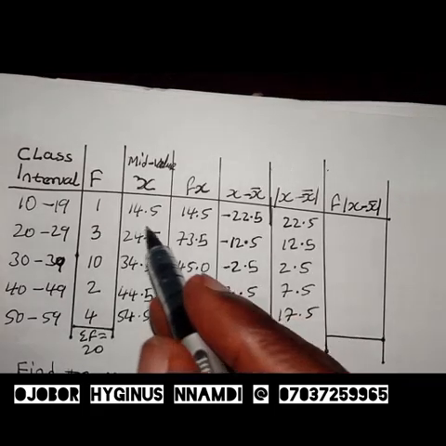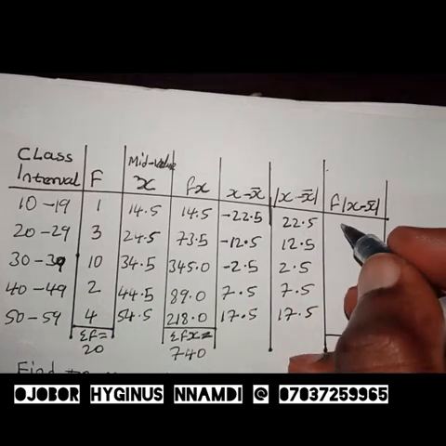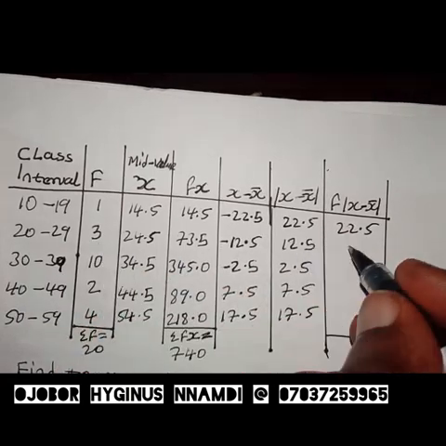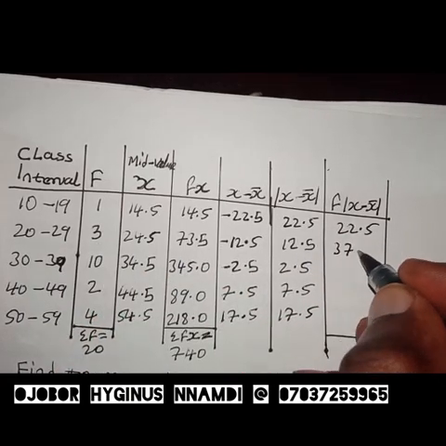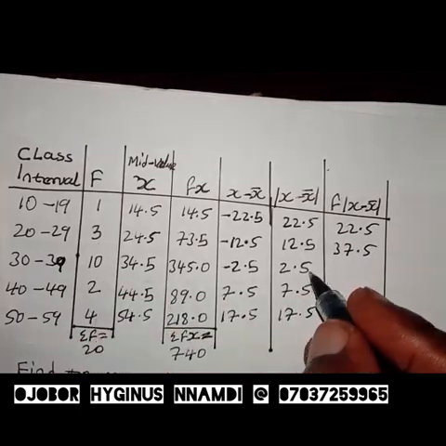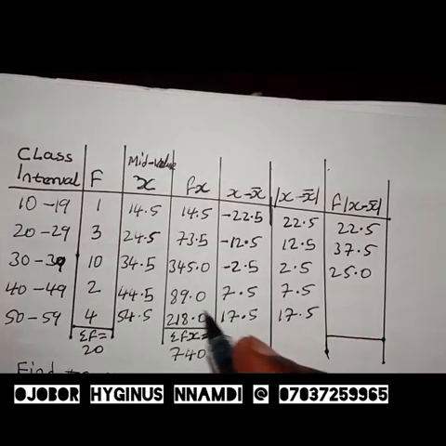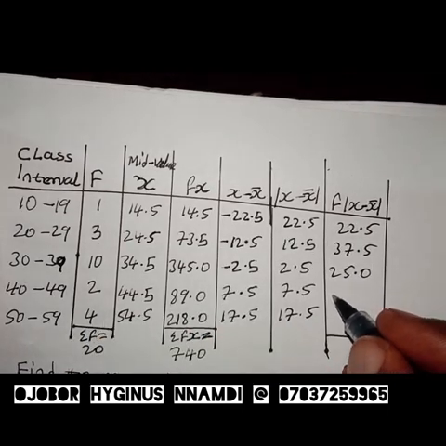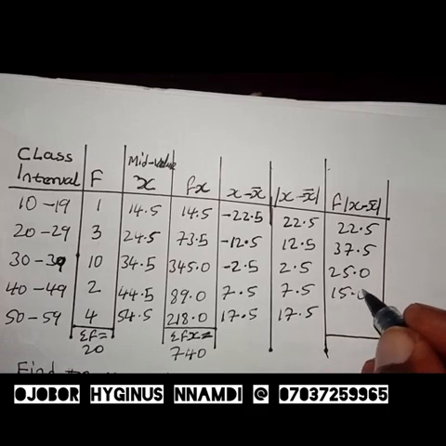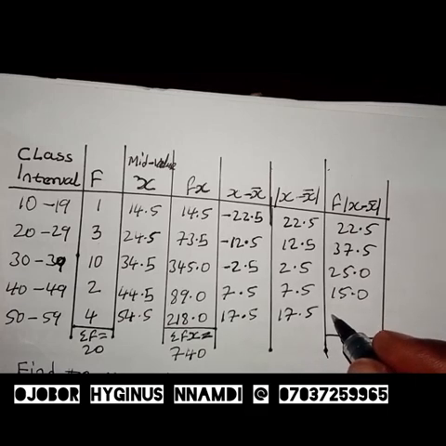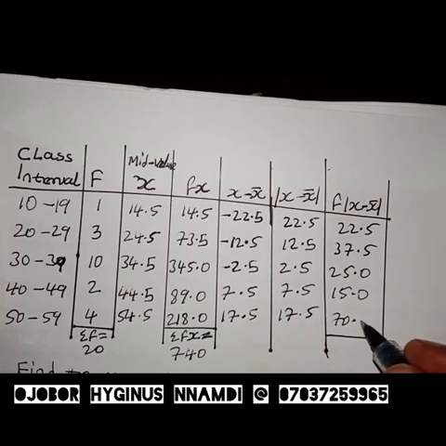So 1 times 22.5 is still 22.5. 3 times 12.5 is 37.5. 10 times 2.5 is 25.0. 2 times 7.5 is 15.0. And 4 times 17.5 is 70.0.